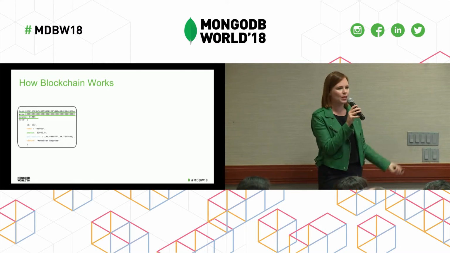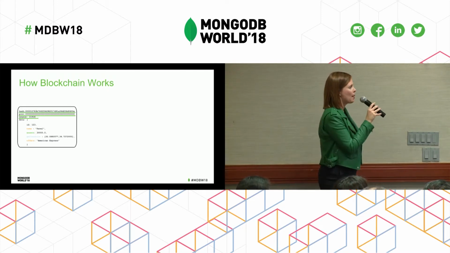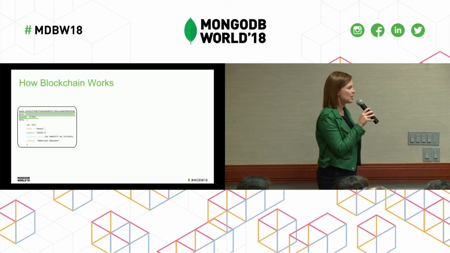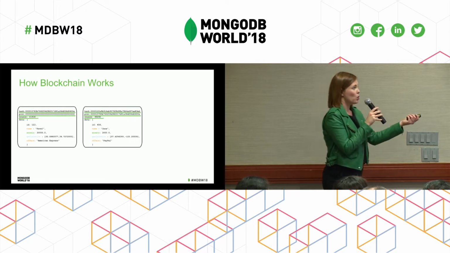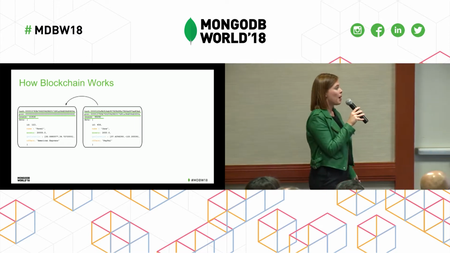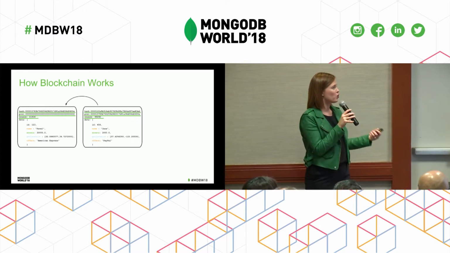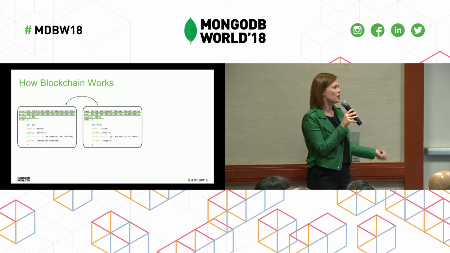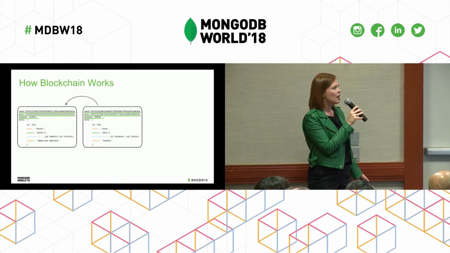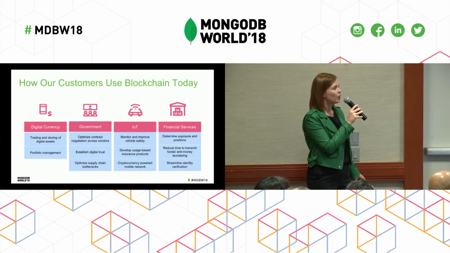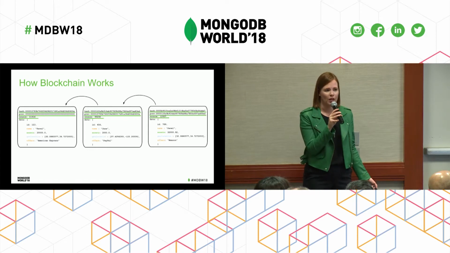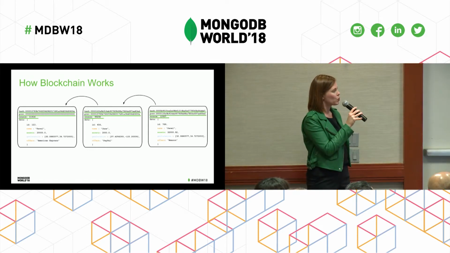It's a piece of cryptography that makes the blocks cryptographic. Blocks are connected together by pointing one hash to the next, so that our previous hash points to the block before us, and off we go. We build these blocks and we link them together by virtue of these hashes.